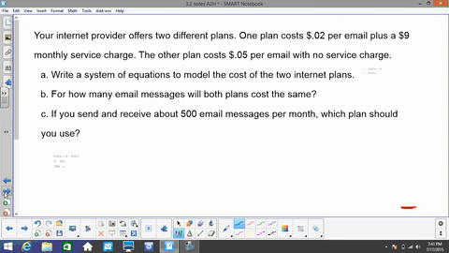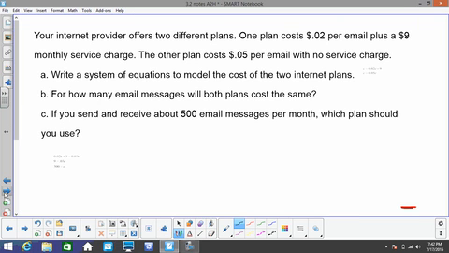All right. On this one, we've got an internet provider offers 2 different plans. One costs 2 cents per email plus 9 cents monthly service charge. The other costs 5 cents per email with no service charge. Let's go ahead and write a system of equations.